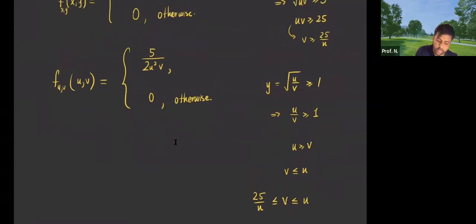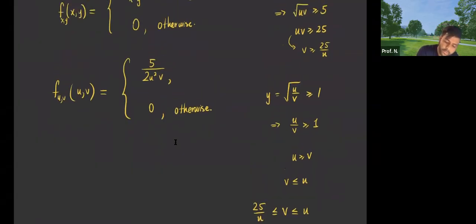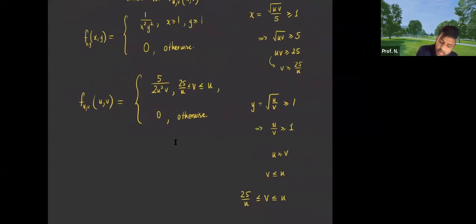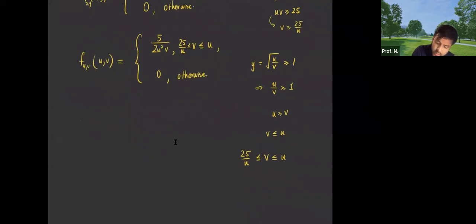So that would be our interval here. v is between 25 over u and u. And then the question is, what is u? So when do they intersect would be the question.